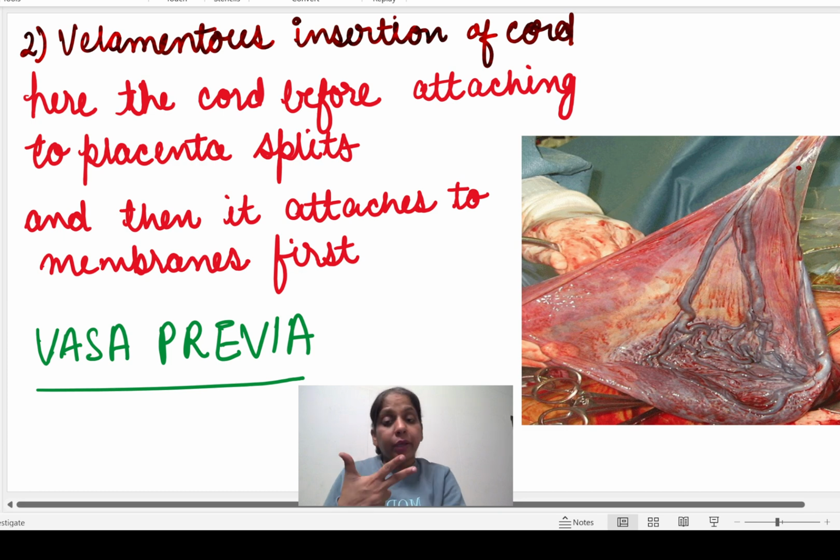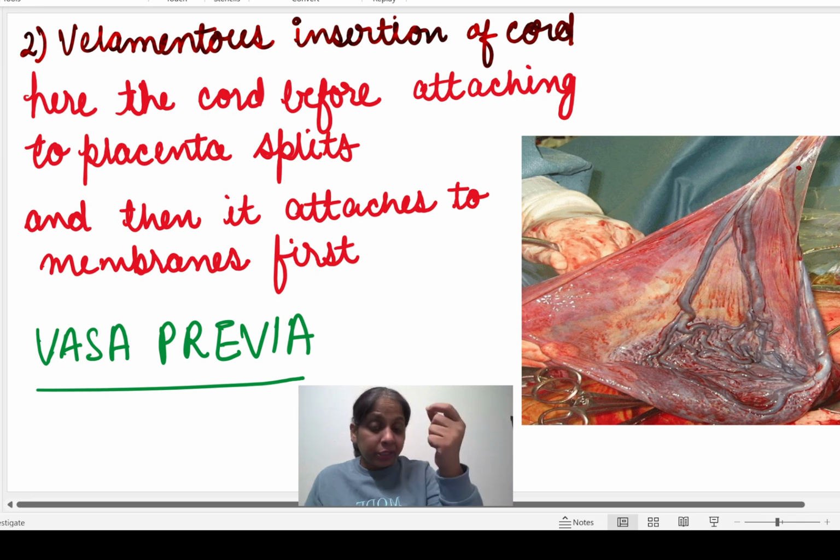These 3 vessels are wrapped in Wharton's jelly, which is the umbilical cord. What if this Wharton's jelly ends and the vessels separate before inserting in the placenta? Usually the Wharton's jelly is there up till the umbilical cord insertion into the placenta, right?